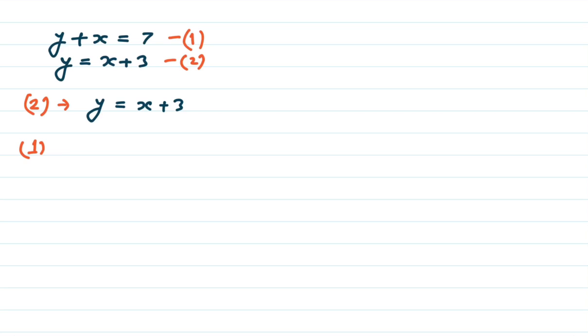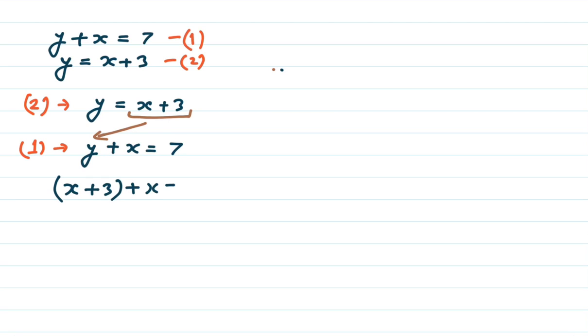So my first equation is y plus x equal to 7. And I'm going to put this value of x plus 3 into this equation, which will be x plus 3 plus x is equal to 7, which will be 2x plus 3 is equal to 7.